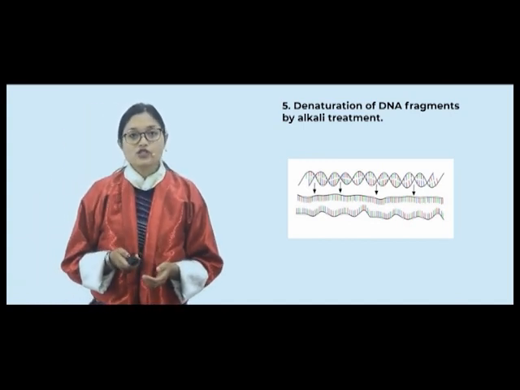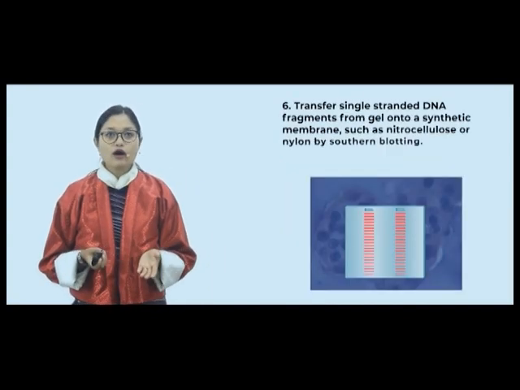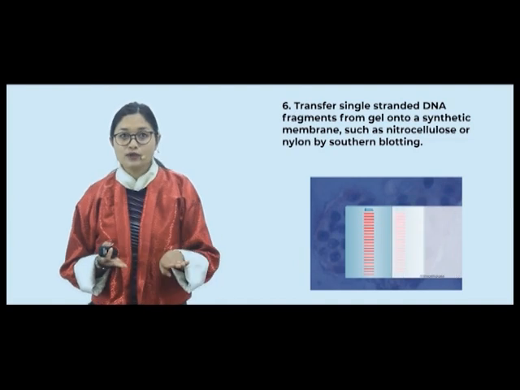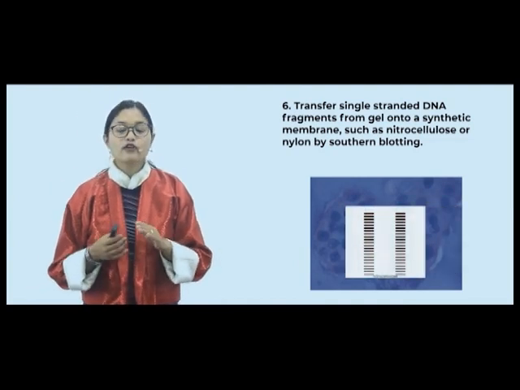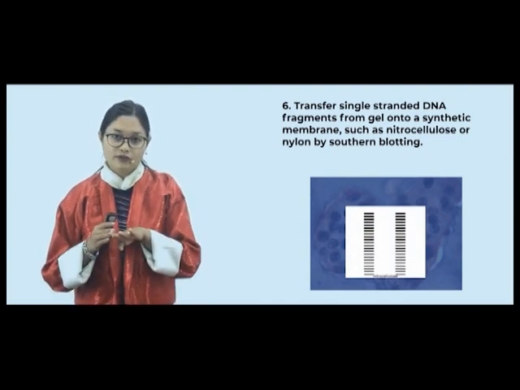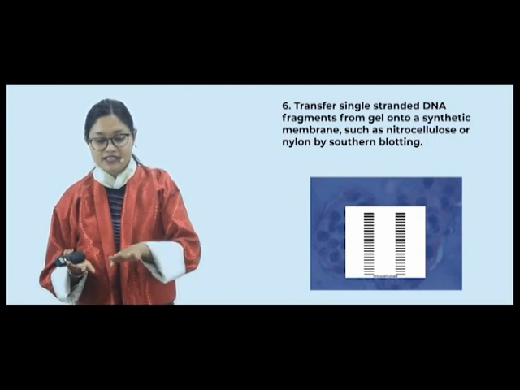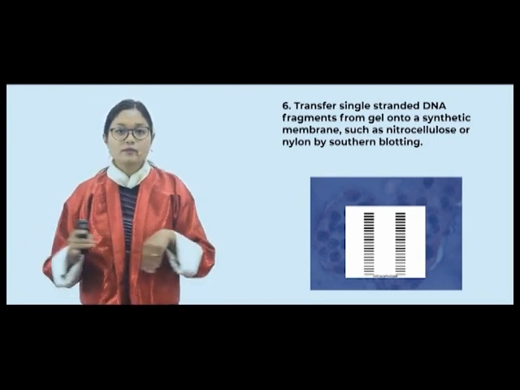Now after denaturation, we transfer these fragments of DNA to a nylon cloth piece. We just float the cloth piece over the gel electrophoresis device, and these pieces of DNA will be attached to the nylon piece.